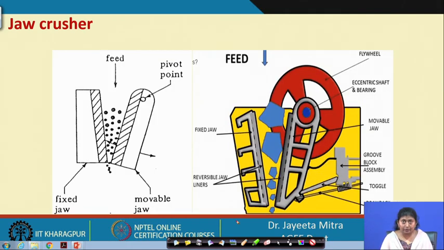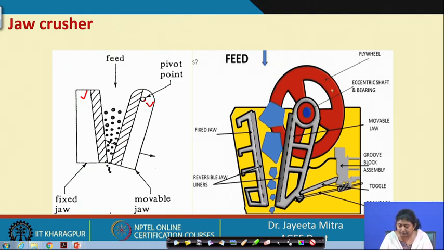Here is a diagram of a jaw crusher, and here the feed is coming into the broader section, then because of compression it gets broken into smaller particles, and from the narrow space at the bottom it comes out. This jaw on the left is fixed, and the right one is movable based on that pivot joint, and the angle is maintained at 20 to 30 degree as mentioned.